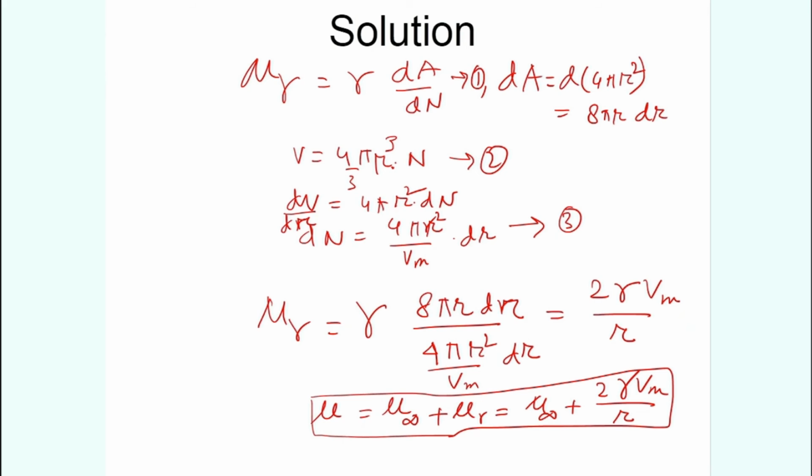So therefore, by increasing the spherical radius, the chemical potential of small systems can be increased. That means potential can be increased, that means reactivity can be increased. And you know, this term twice gamma by r is known as a Laplace pressure term.